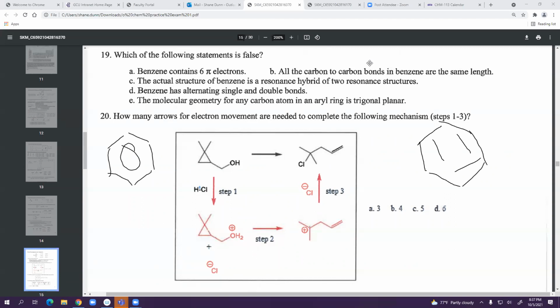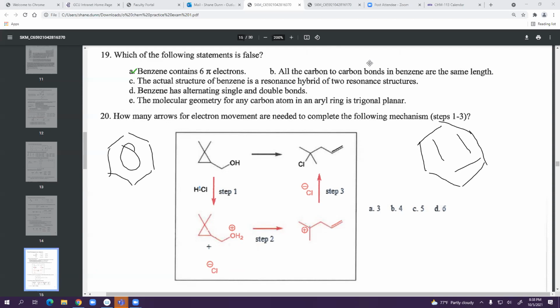So let's look this up. A benzene ring has 6 pi electrons. What's that mean? Double bonds, right? It has 6 of them. True or false? True. It's always resonating, right? Each of these 6 electrons, 1, 2, 3, 4, 5, 6, technically has a double bond at any given time, so they always have pi electrons.